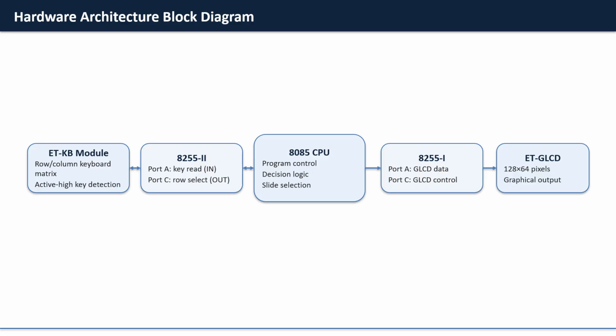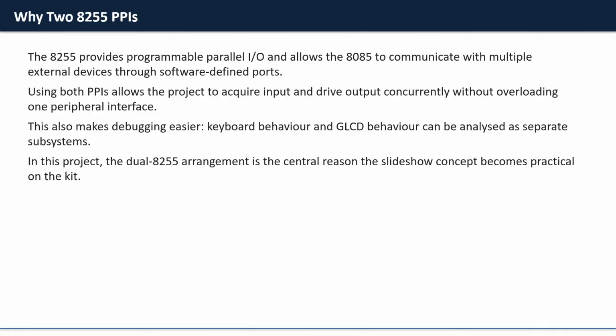The logic here is that the 8085 sends an active high signal on port C that passes on to the ETKB module, and when a key is pressed, that is read from port A and passed on to the 8085. Okay, so we move on to the next slide.